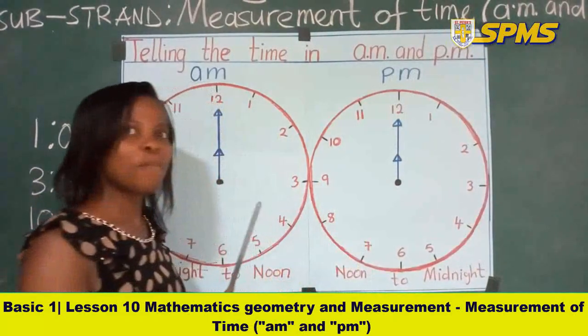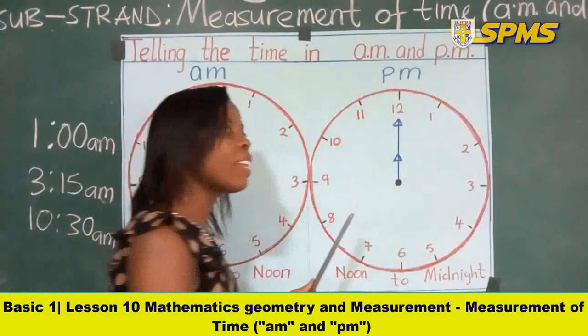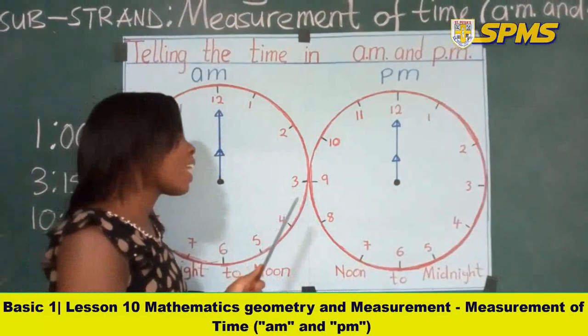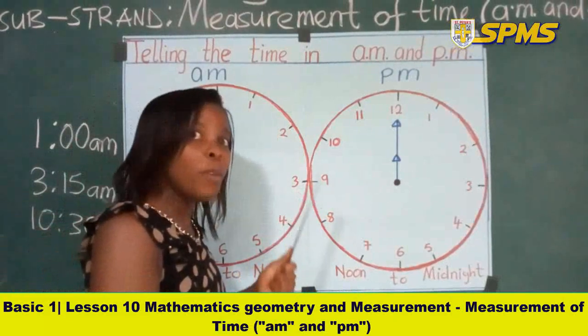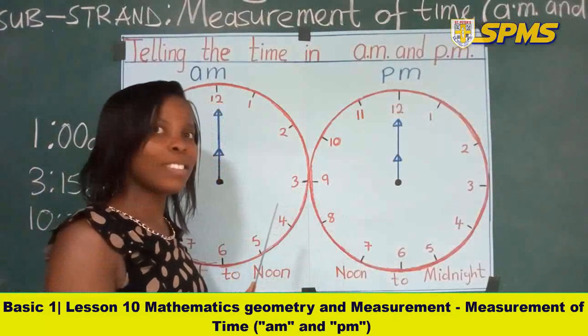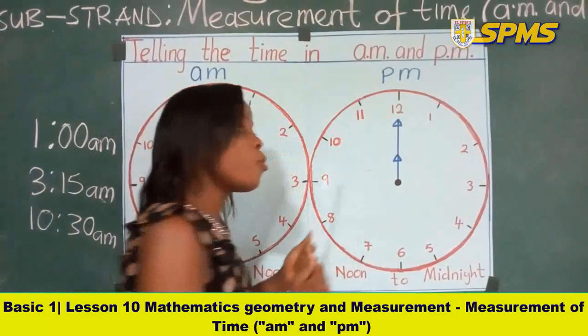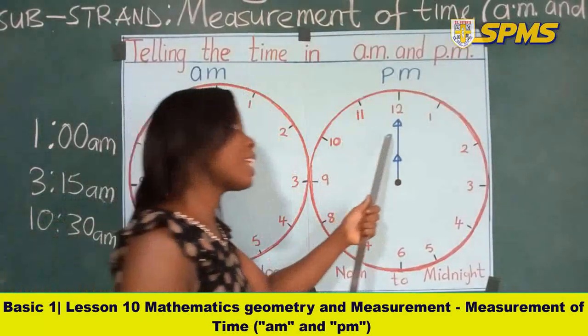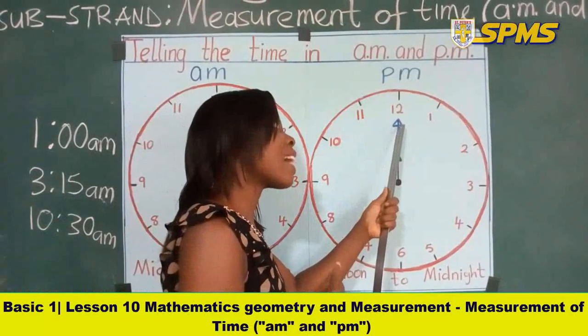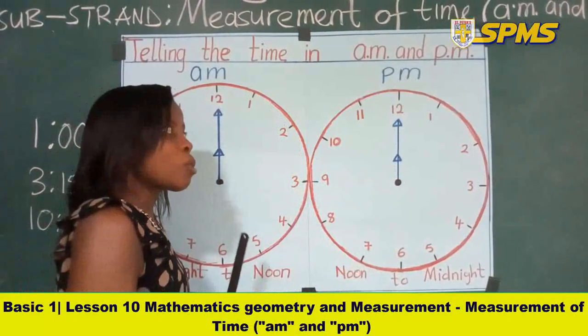PM. So when the minute hand and the hour hand point at 12 again, we don't say midnight. By then, we are in the middle of the day, in the afternoon. So we say 12 noon. But the moment the minute hand and the hour hand start moving from 12 again, you write 12.